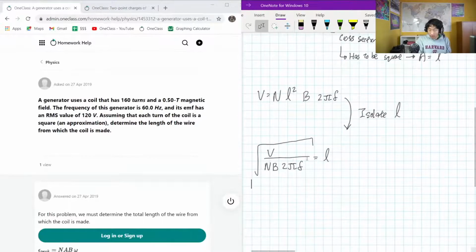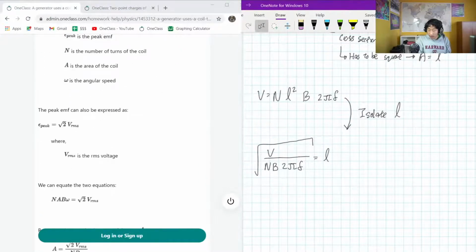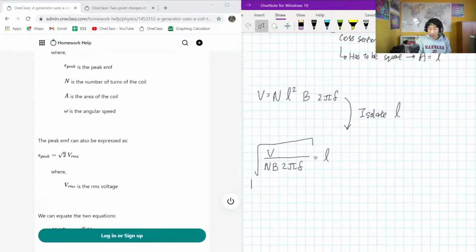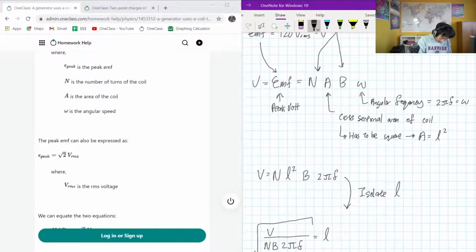Okay, so we can possibly sub in our numbers. So we get a similar looking thing here. Oh, another thing that we need to mention is this is for the peak. Yikes. Peak voltage. We know that V peak is equal to root 2, which is about 1.4, times V RMS.